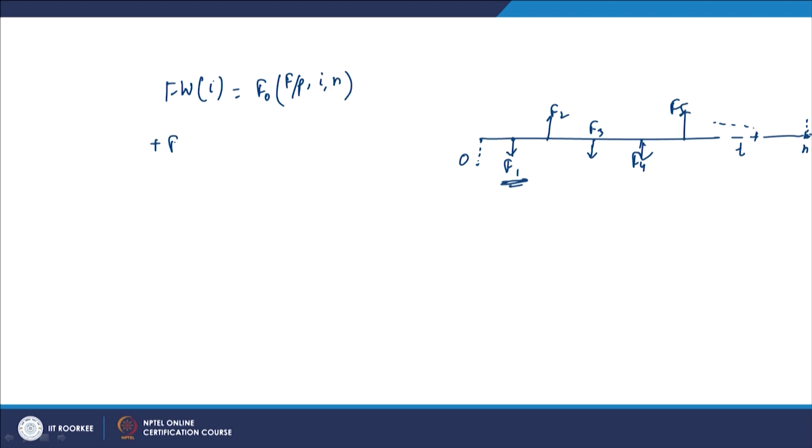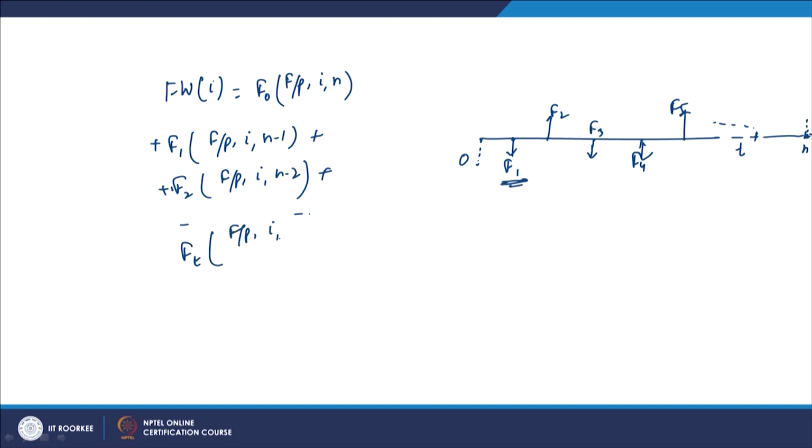Then if you have f1, it will be f by p i n minus 1. Then if you have f2, it is f by p i n minus 2. This way ft will be there, so f by p i n minus t, and it will go up to fn, which will be f by p i 0.